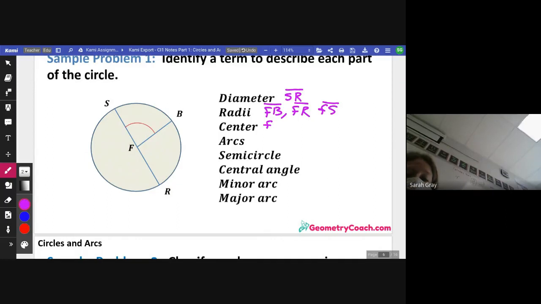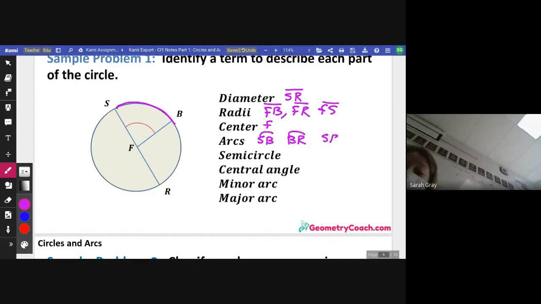There are several arcs. You don't want to use F when you're talking about arc because we're talking about outside. So there's SB, BR, SR. There's more than that, but we'll stop there.